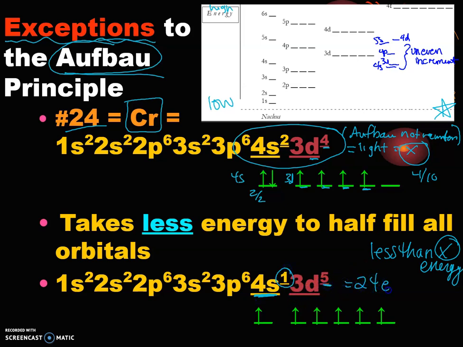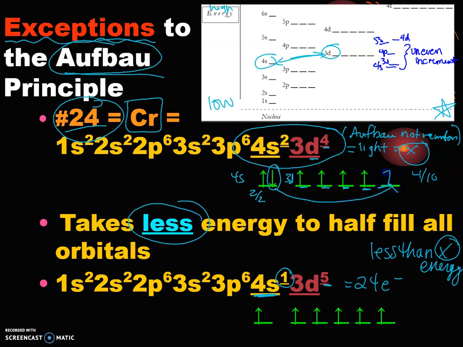It still has 24 electrons, just like this does, but because the 3d and the 4s are so close to one another, it actually takes less energy for this electron, which is right here, to say, oh, I want my own room.